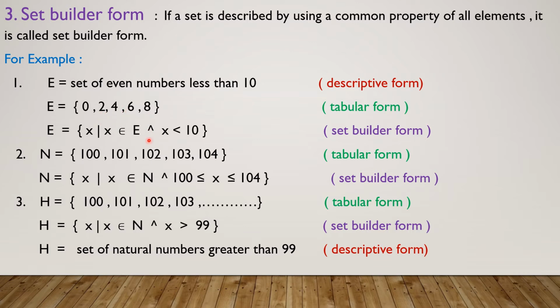This is the symbol of "and", and all the even numbers are less than 10. Here x shows even numbers. In set E we have x such that all the x's, meaning 0, 2, 4, 6, 8, belong to even numbers and all of these numbers are less than 10. This form of set writing is called set builder form.